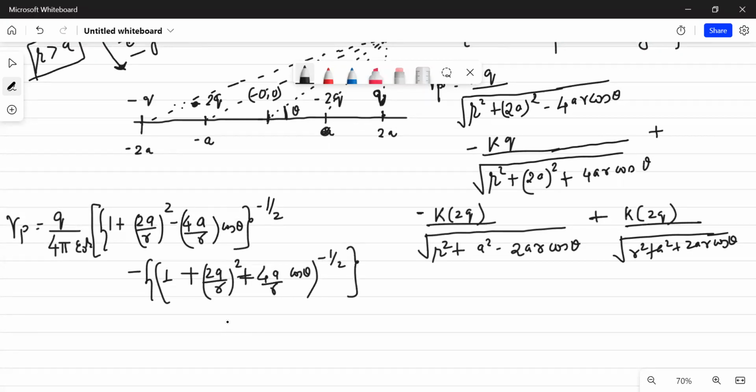And then again you have this term, minus 2, and this is 1 plus a upon r, sorry, so this is 1 plus 2a upon r whole square minus, what has happened, I think this is minus 4a upon r cos theta, and then you have minus 2.